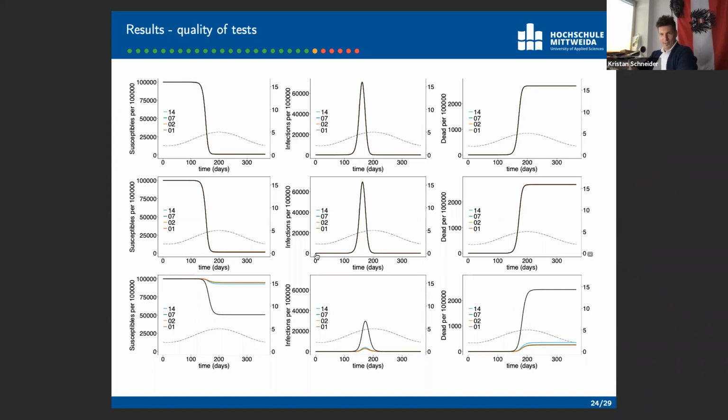The only thing these models tell you is how hard it's going to hit and what the effect of the intervention is. A model is just capturing what you put in there, and that's always a severe limitation.